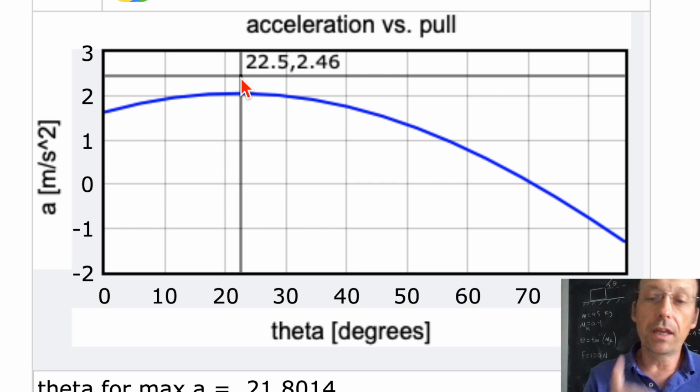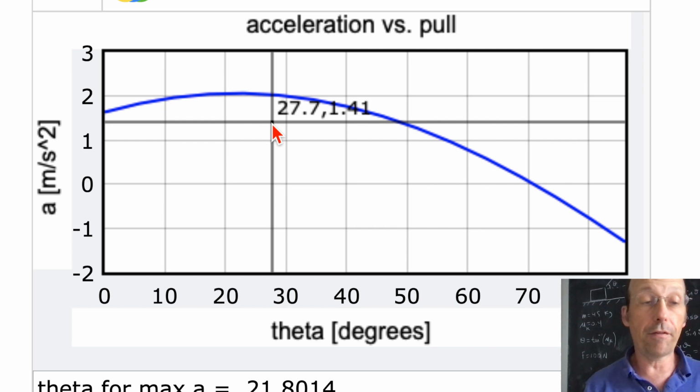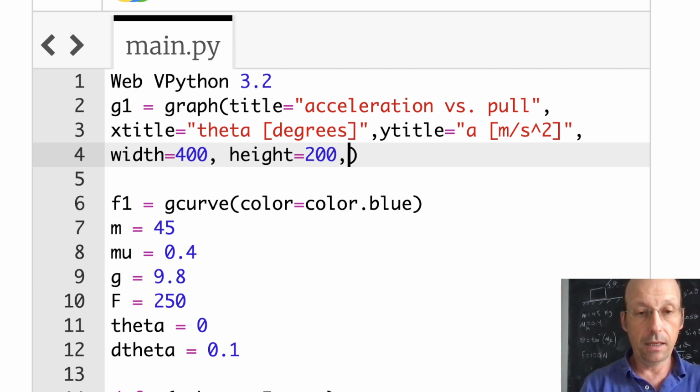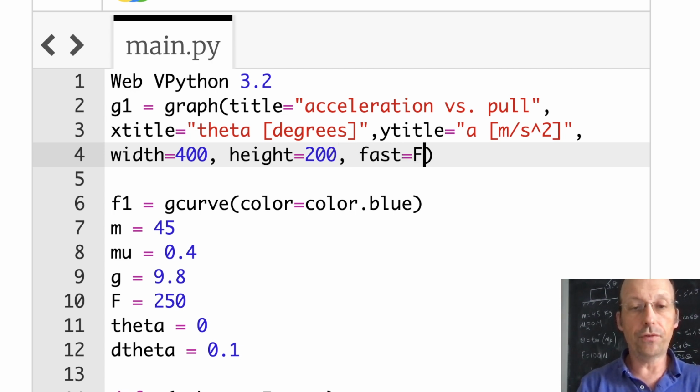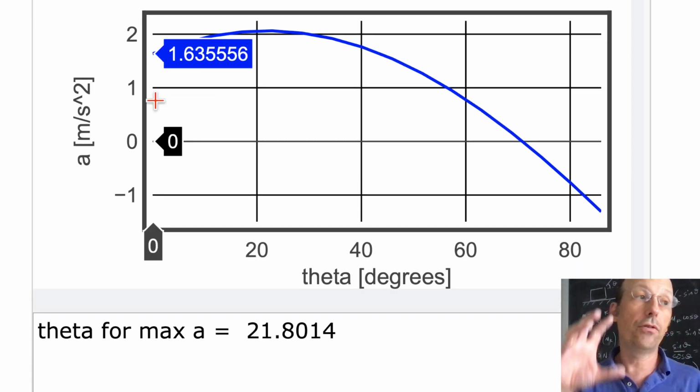Let me show you another really quick trick. If you're dealing with numerical calculations and you want to look at the graph in more detail, here's a trick. Up here under the graph, I can say fast equals false. And when I do that, it uses a different engine to plot the graph.